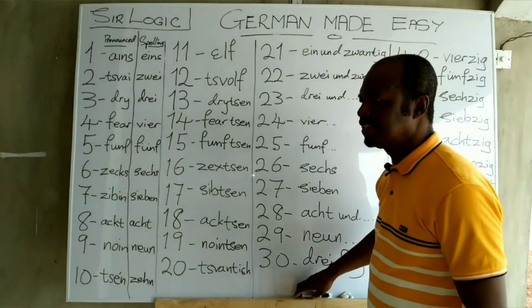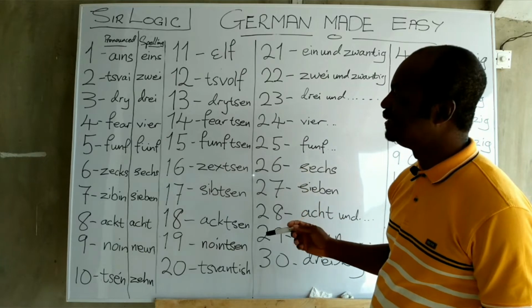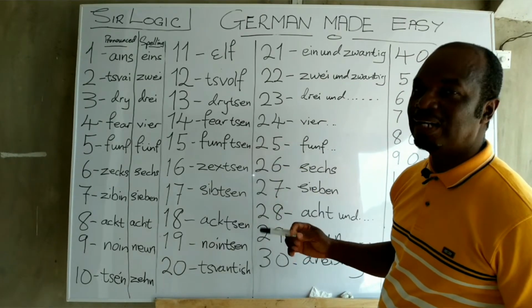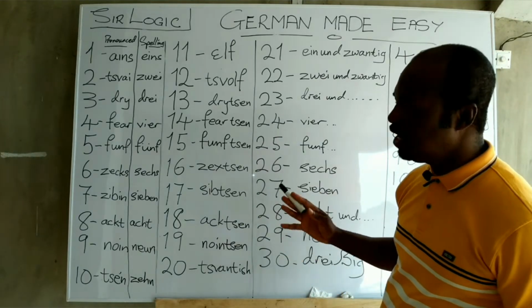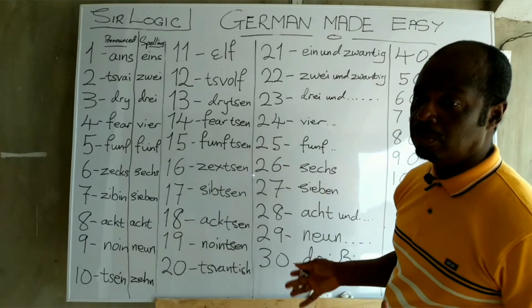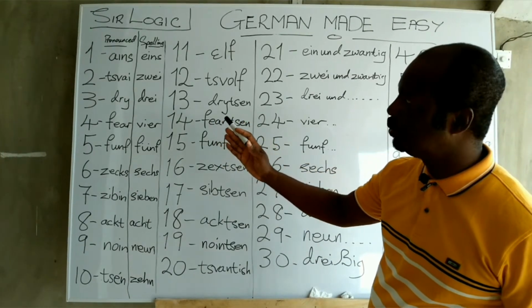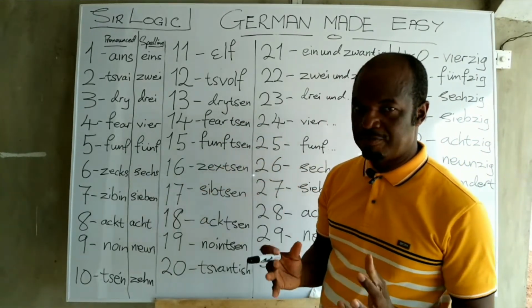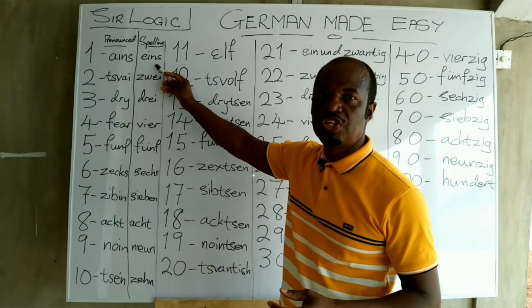So the next, I'll allow you to look through to try to pronounce 1, 2, 3, 4, 5, 6, 7, 8, 9, 10 in German in your own way. I've written how 1, 2, 3 are pronounced, the way you have to pronounce it, and how it is actually spelled in German.